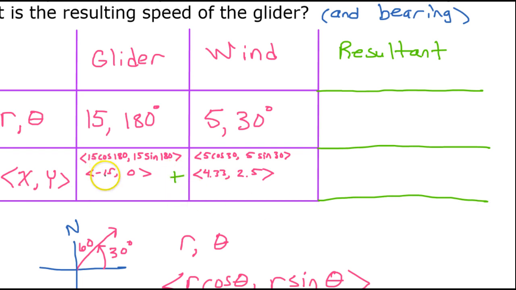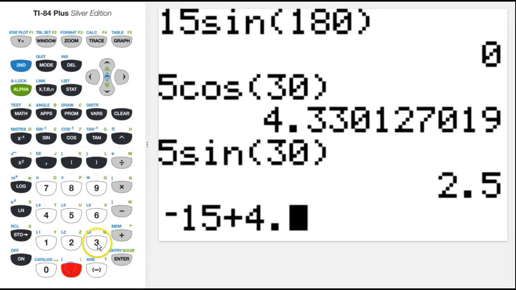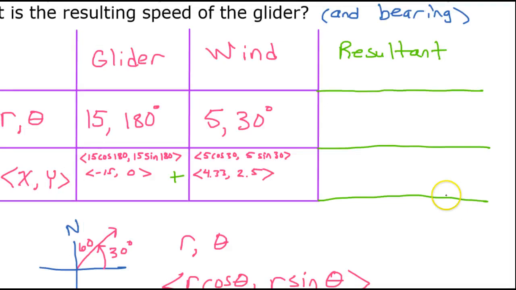So we'll just add the negative 15 and the 4.33. So that's negative 10.67. And then of course 0 plus 2.5 is just 2.5.